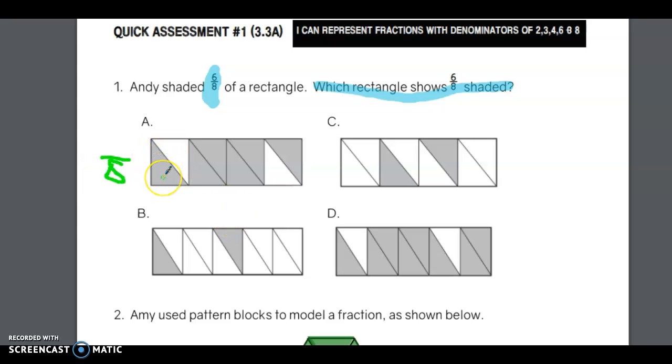And then I'm going to count how many pieces are shaded. The shaded parts are going to be the gray parts. 1, 2, 3, 4, 5, 6. That's a possibility. Let's keep counting. 1, 2, 3, 4, 5, 6, 7, 8.